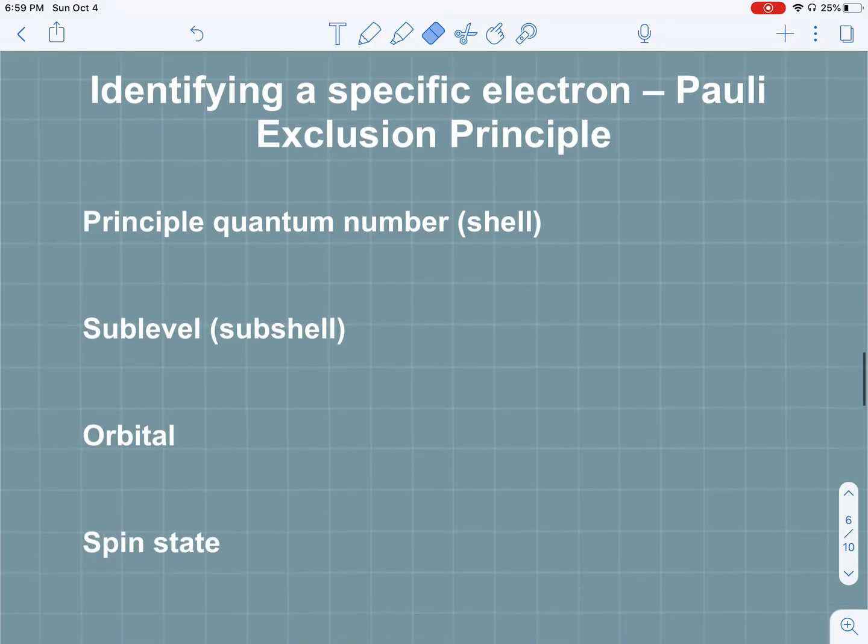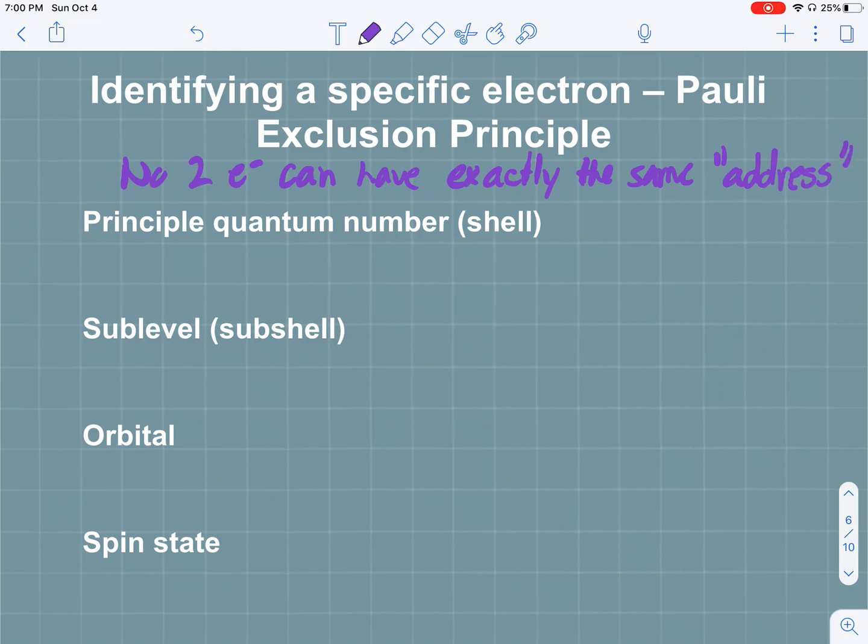So to identify a specific electron, one of the principles that we have, one of the rules for it, is the Pauli exclusion principle, which basically says that no two electrons can have exactly the same address.